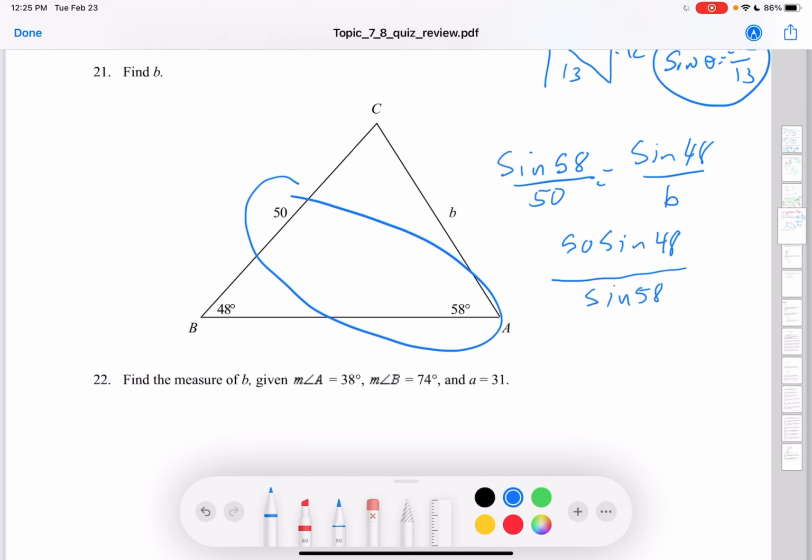That's going to give you your answer. So 50 sine 48 divided by sine 58, 43.8 is what I got.